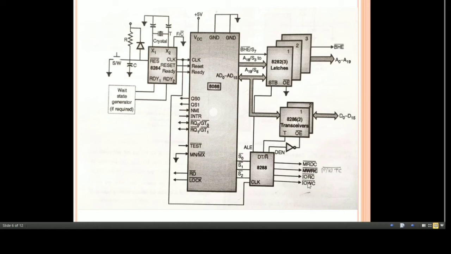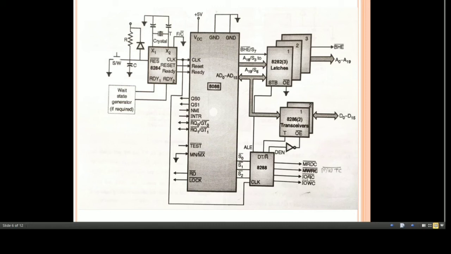Here IORC bar and IOWC bar are the signals related with the input output read and input output write commands. These signals instruct the input output device to read or write data to and from address port on the data bus. Means to write the data on the address port or to read the data from the address ports.